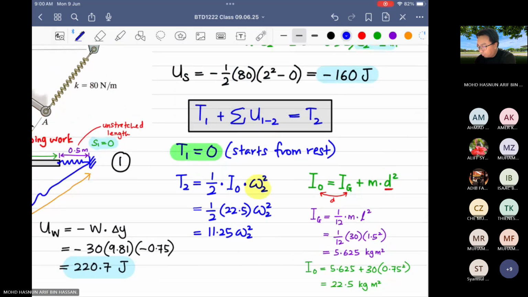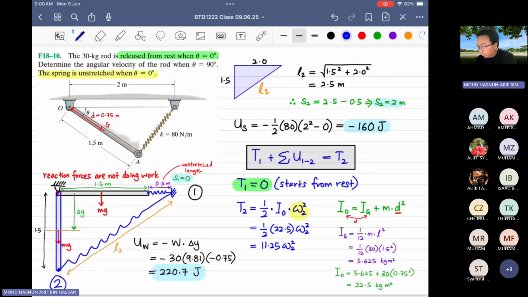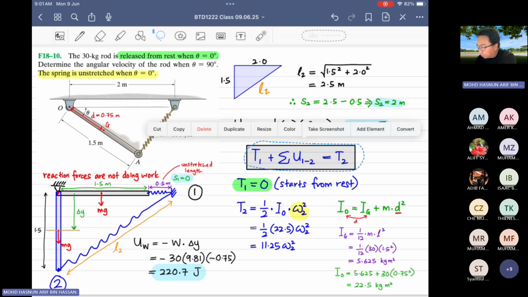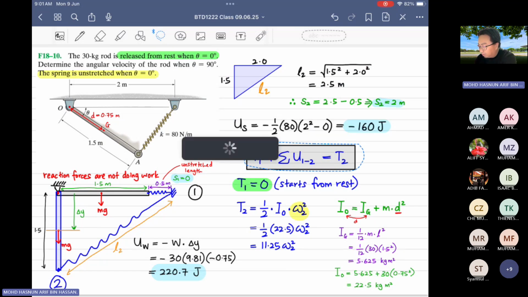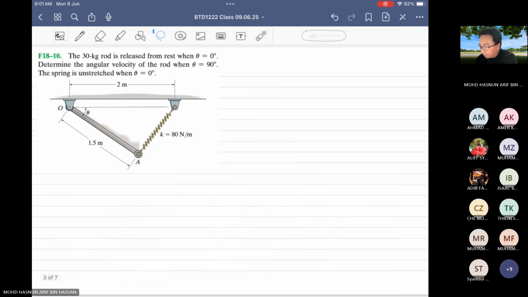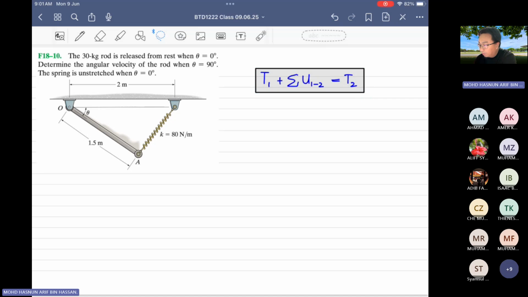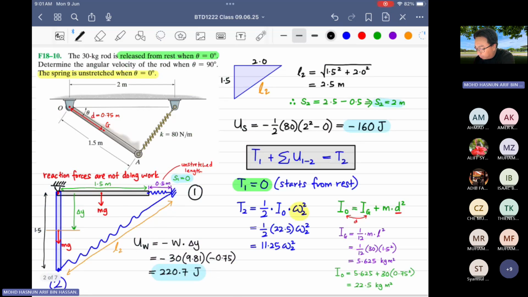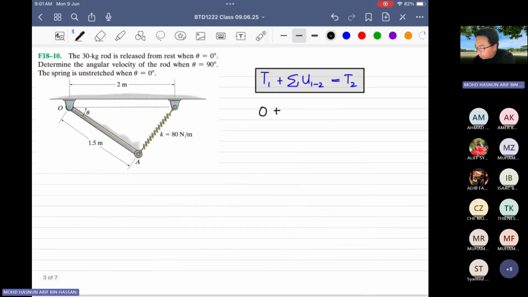So then we have all this. We can then substitute in this equation. Let's copy this equation and put it in the next page. So this is our equation. We have T1 equals to 0. So T1 is 0 plus the total work done, we have 220.7.